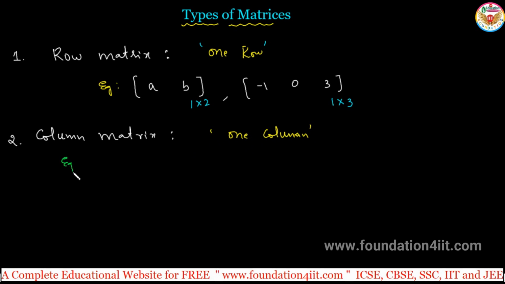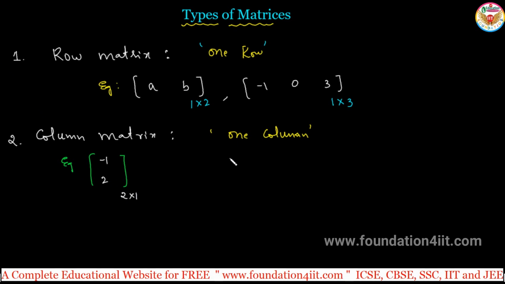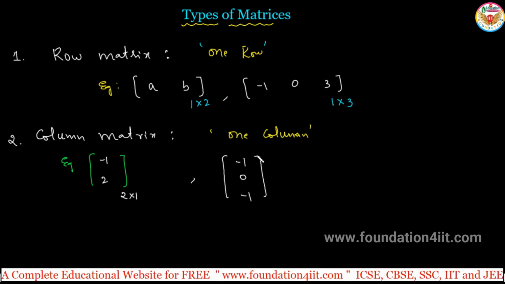See the example. There should be only one column. -1, 2. So there's only one column, but there are 2 rows. This is 2 rows and only one column. And same like -1, 0, -1. Any numbers. Here we have 1, 2, 3. 3 rows, but column is only one.